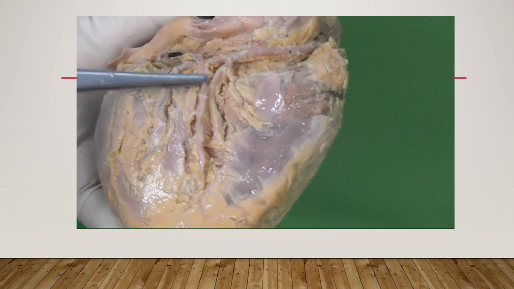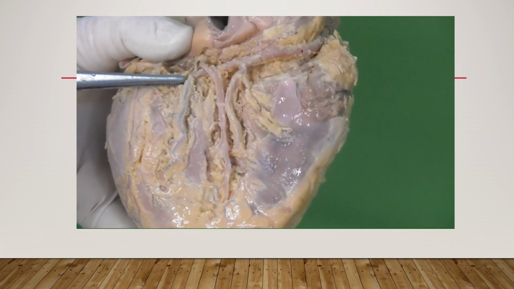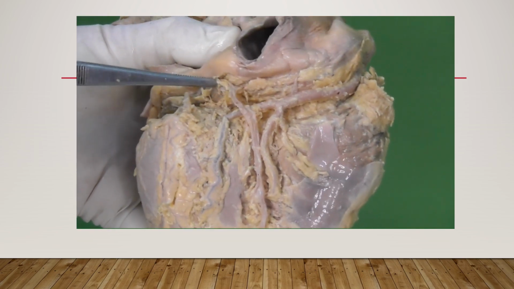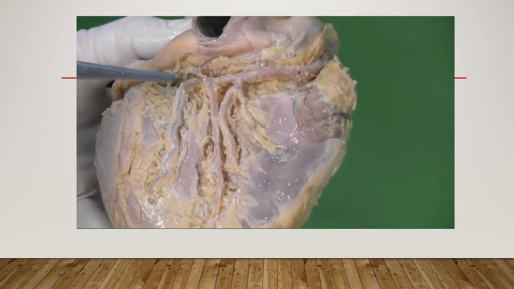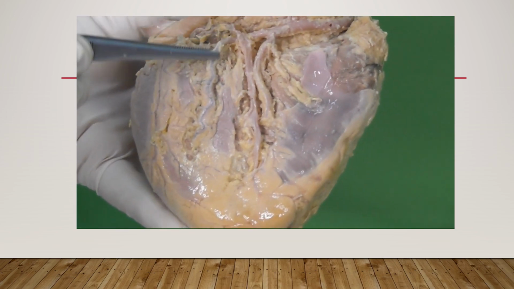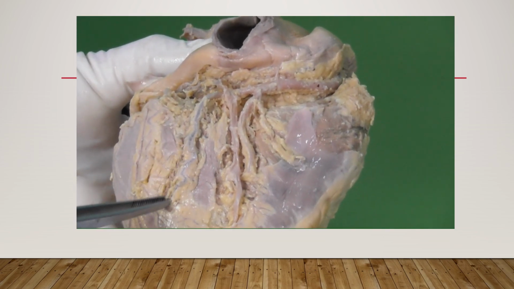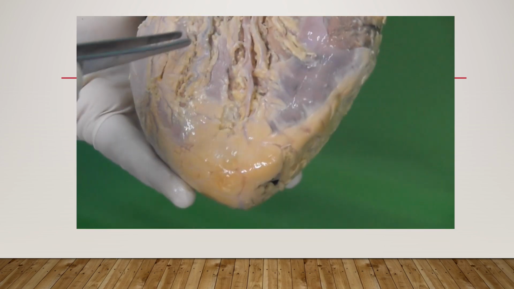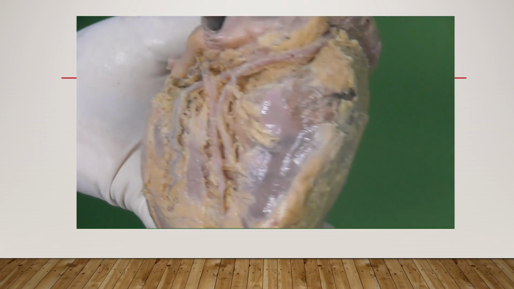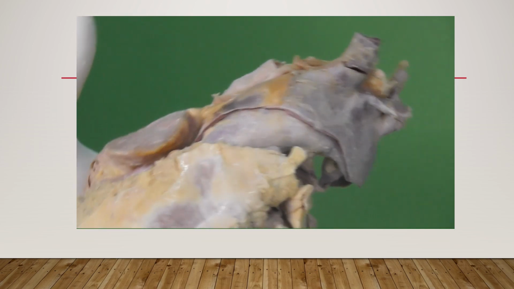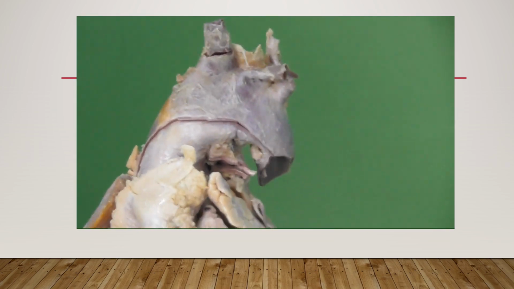Here we can see the vein which is draining into the coronary sinus. Here we can see one more branch coming from the right coronary artery, and it is supplying the left ventricle. So that is about the right coronary artery.